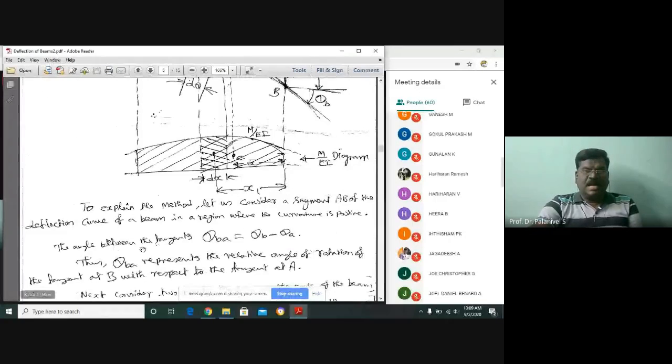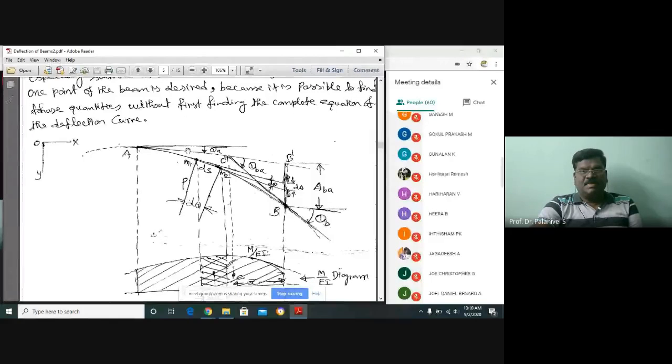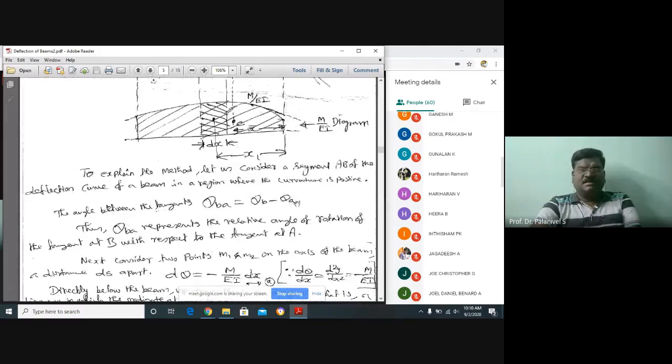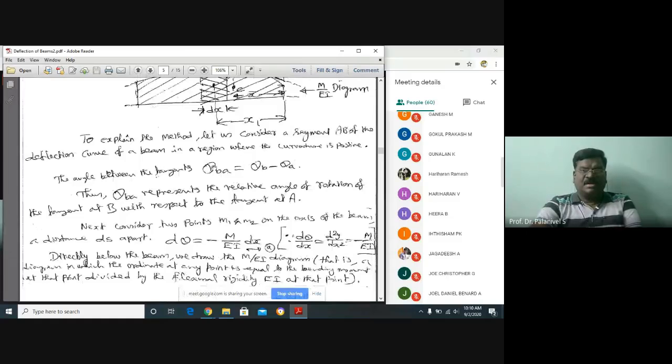Next, the angle between the tangents, theta BA, equals theta B minus theta A. The relative angle of the tangent at B with respect to the tangent at A is theta BA, which is nothing but theta B minus theta A. The relative angle between the tangents we know very well. That also we have defined.